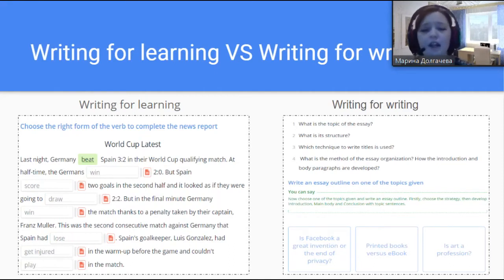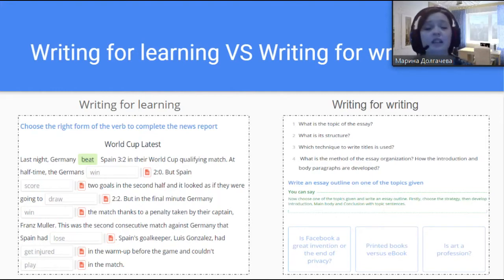As for the second example, it is an example of the activity related to writing for writing. Here a teacher and the student are to speak about the topic and the structure of the essay.